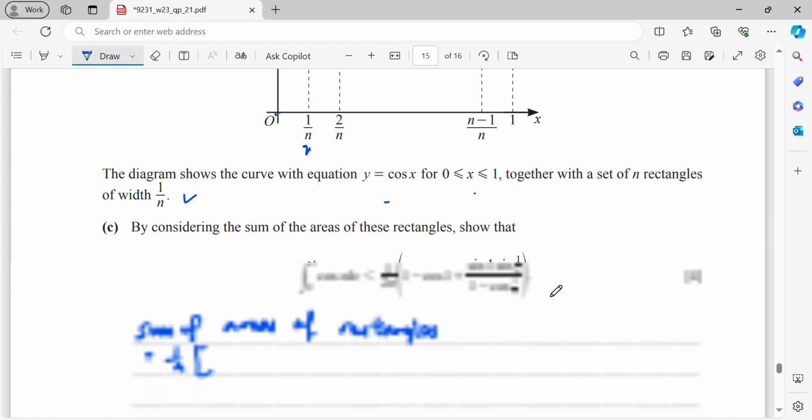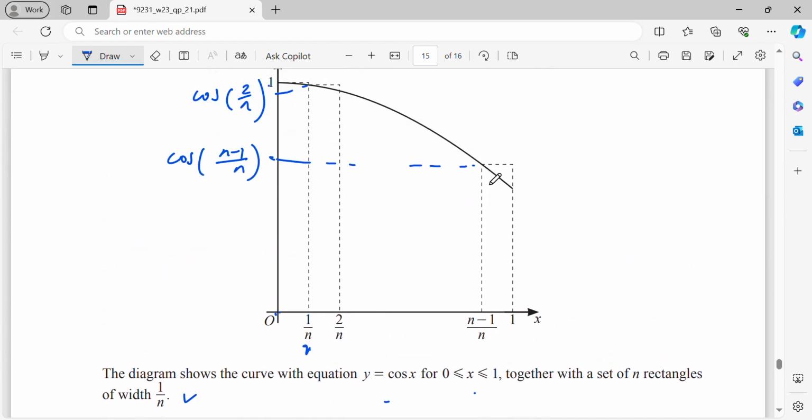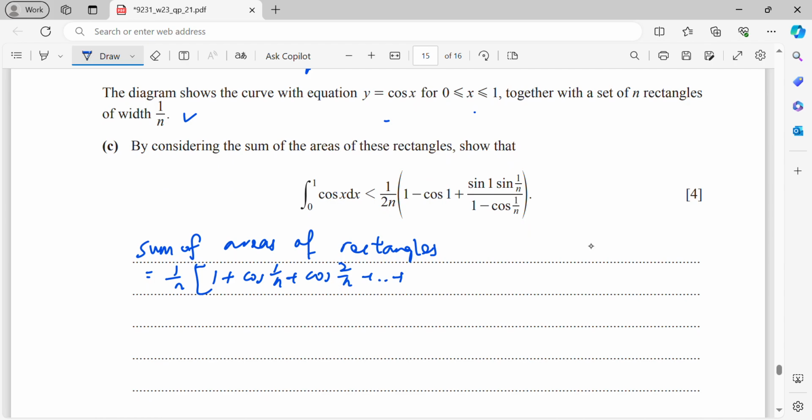So I will get 1, okay, plus cos 1 over n plus cos 2 over n plus until cos of n minus 1 over n.